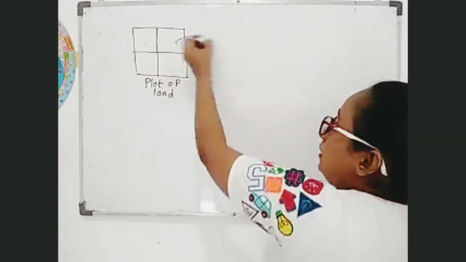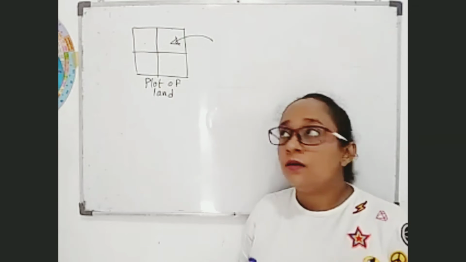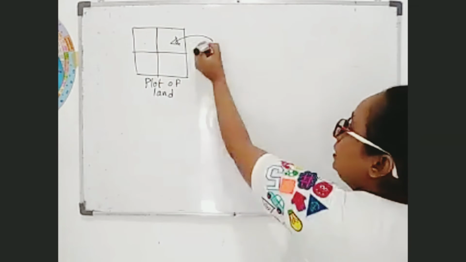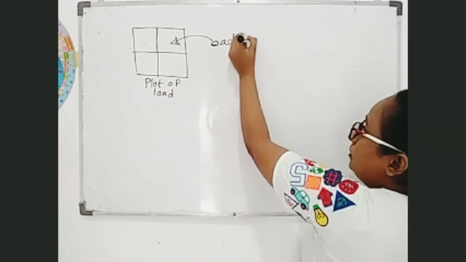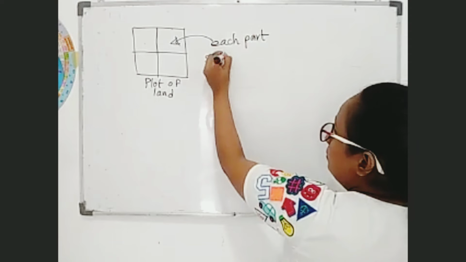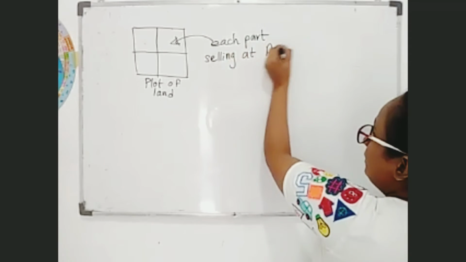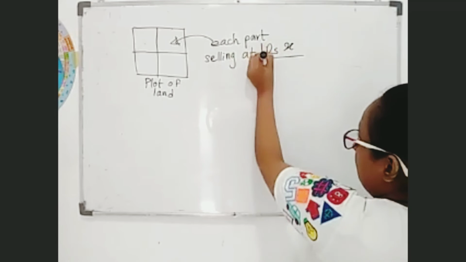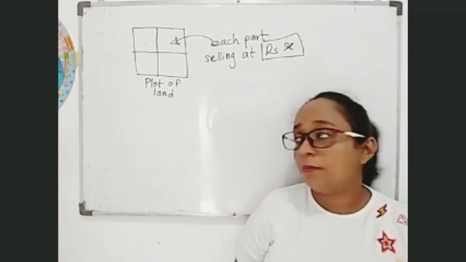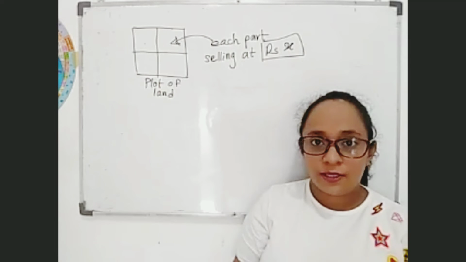And each of this part I'm going to sell at a price of x rupees, right? Each part selling at rupees x, right? x ගානේ මම මේ 4 sell කරනවා. මම මේ 4ම විකුණන්න යන්නේ. Each one is x rupees, right?